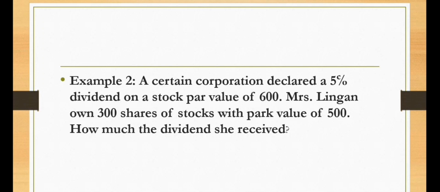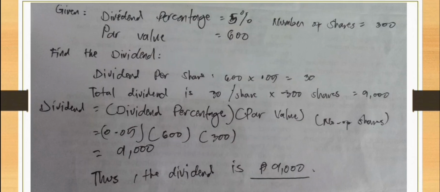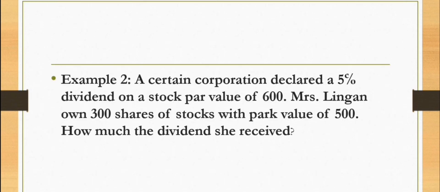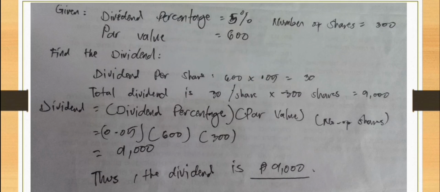So the given is the dividend percentage, which is equal to 5%. Our par value is 600 and the number of shares is 300. Okay, so to find the dividend per share, let us multiply 600, which is our par value, times our dividend percentage, which is 5% or 0.05, is equal to 30.